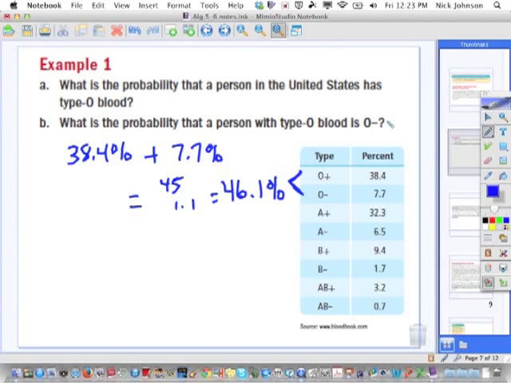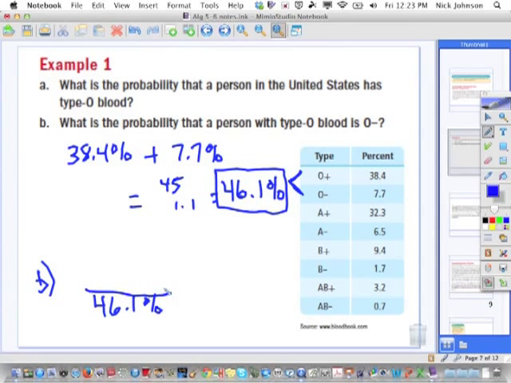To do this, we know the percentage of people that have type O blood, so that's going to go to the bottom. 46.1% of the people are going to have type O blood, and then the percentage of O negative is 7.7. So only 7.7 of type O can be O negative.